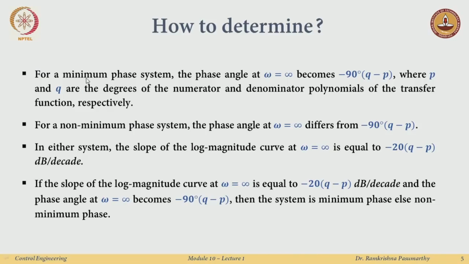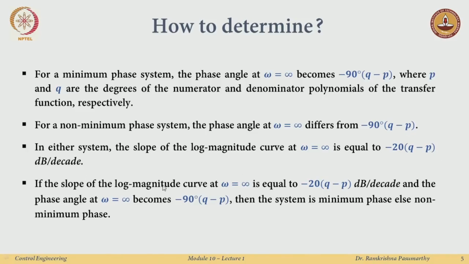However, in either case, whether minimum phase or non-minimum phase, the slope as omega tends to infinity would be equal to minus 20 or some multiple of minus 20, equal to minus 20 (q minus p). So, the multiple will come over here.